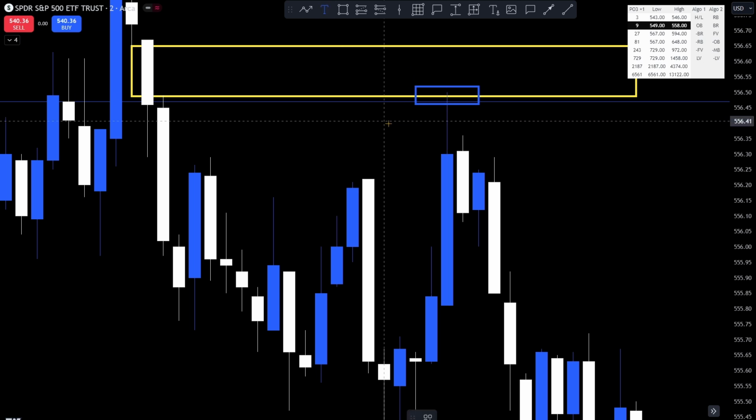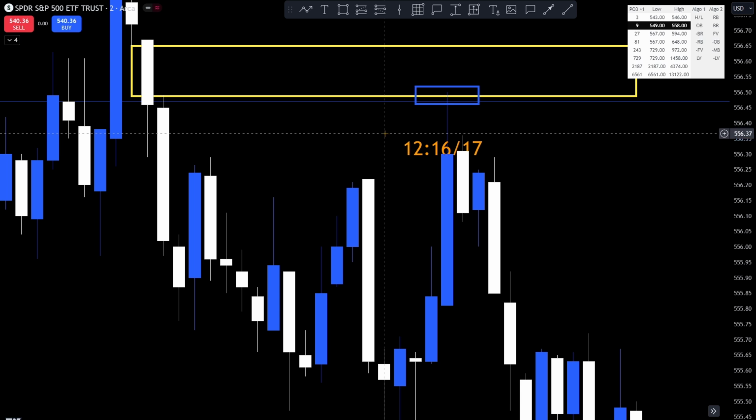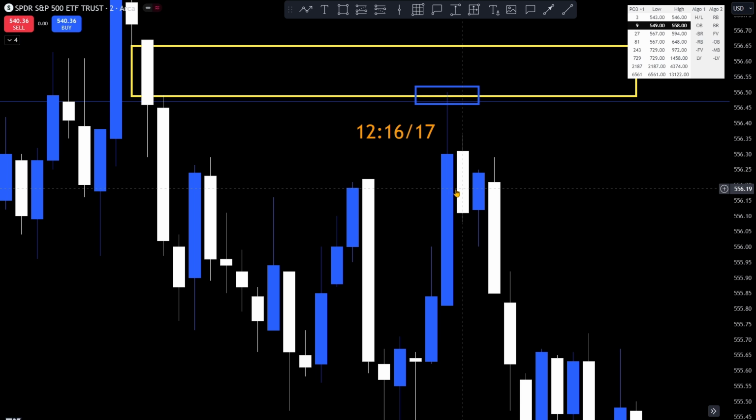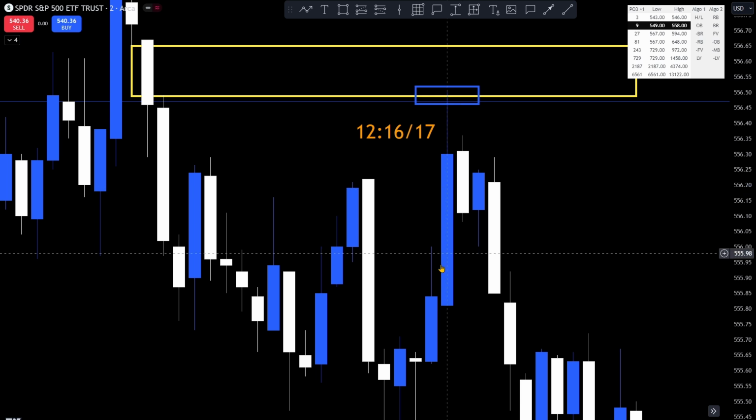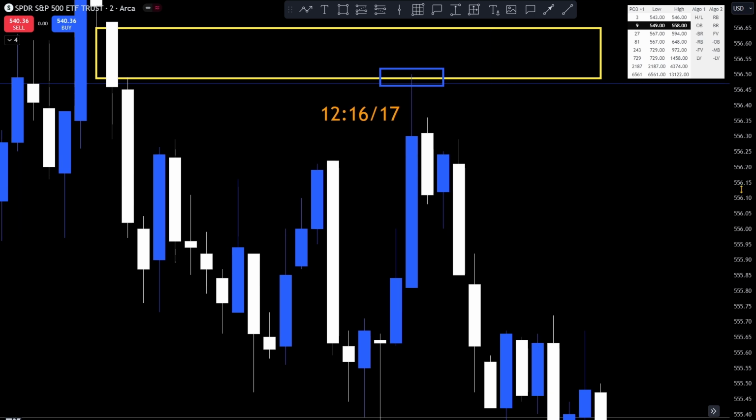Okay, so I'll put that on screen for those who are interested. And again, 2 minute chart, right? 12, 16, 17. So this 12/16 candle was dope, right? Okay. If you know, you know.